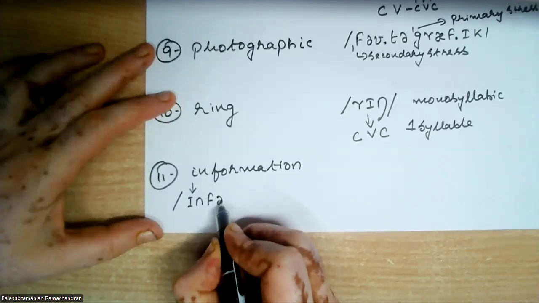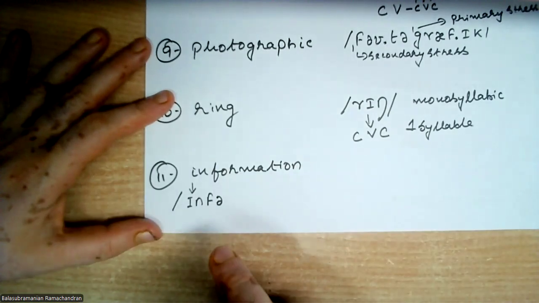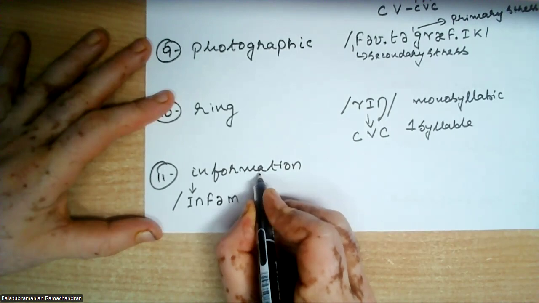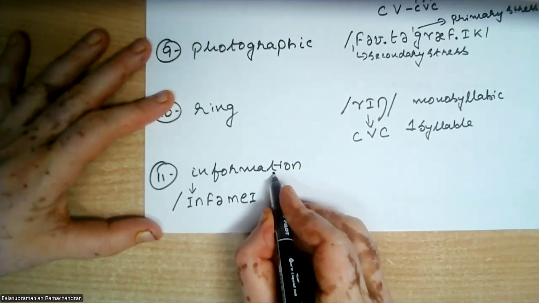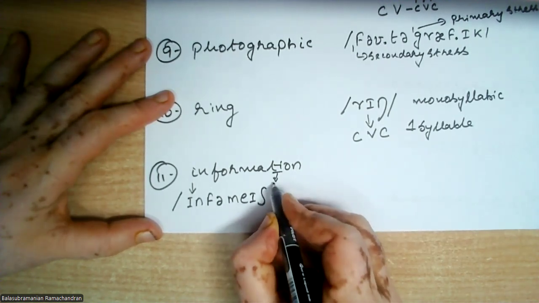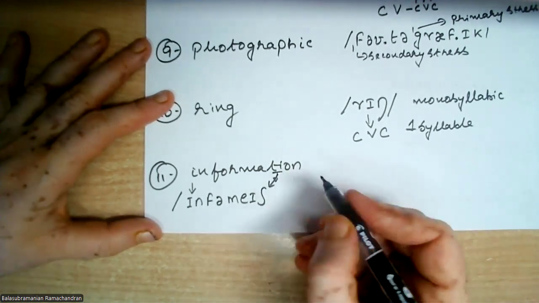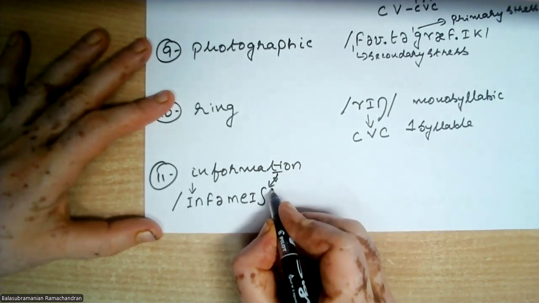R is not pronounced at all. M is pronounced as M. A is pronounced as the diphthong A. T is pronounced as sh. And then we have schwa.